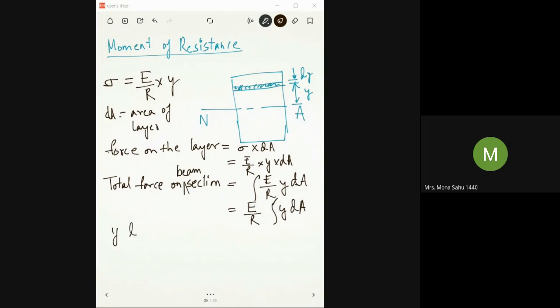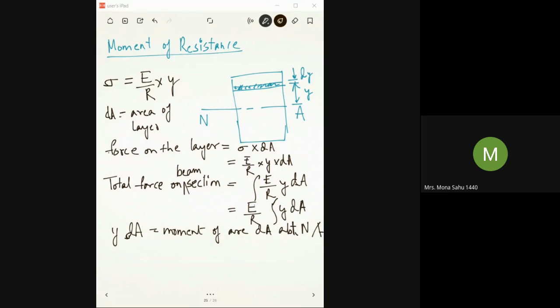So this Y dA is known as the moment of area dA about neutral axis.